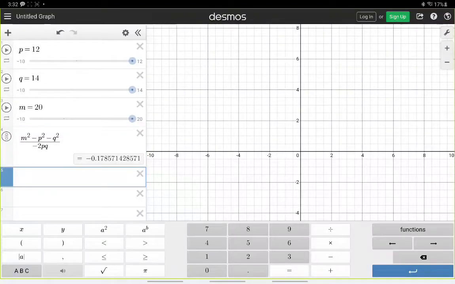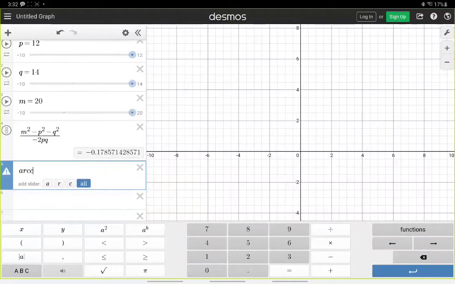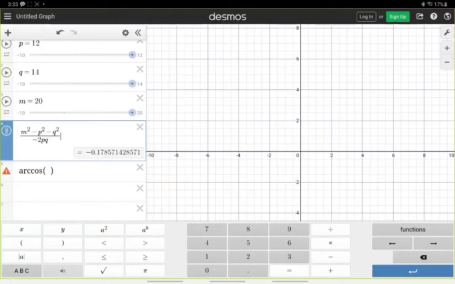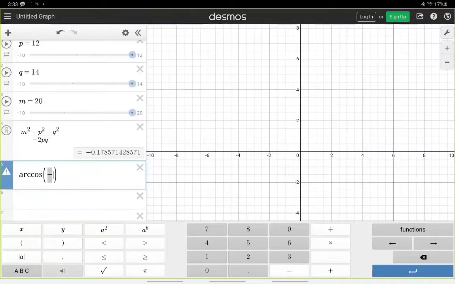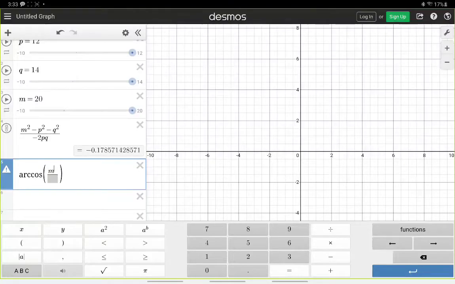The next part I would have to do to find the angle M is the cosine inverse of both sides. So I can do the arc cosine of, and this is where I'm using my tablet, and my keyboard on my tablet doesn't copy and paste for me. Ideally I could just highlight, copy, come down here, paste, and it would work it out for me. But unfortunately, I'm going to have to type it over again. But it's not that bad.